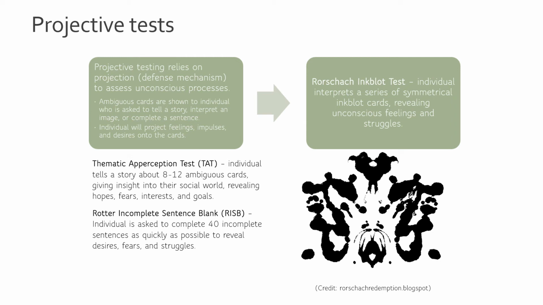So we have the Rorschach Inkblot Test, which is a type of projective test where the person interprets a series of these symmetrical inkblot cards, and this is supposed to reveal unconscious feelings and struggles. Then we have what's called the Thematic Apperception Test, and there are ambiguous cards that look like photographs or images of a person or more than one person, and the image can be interpreted in many different ways.